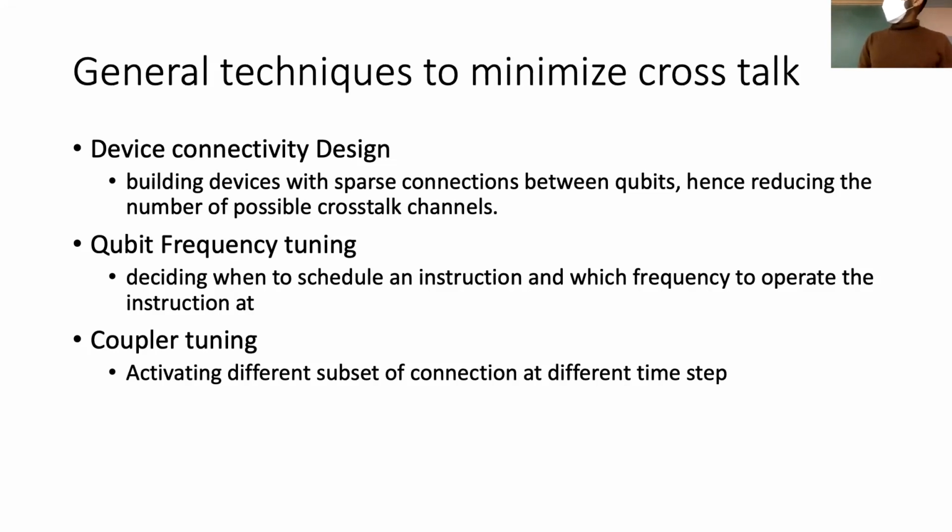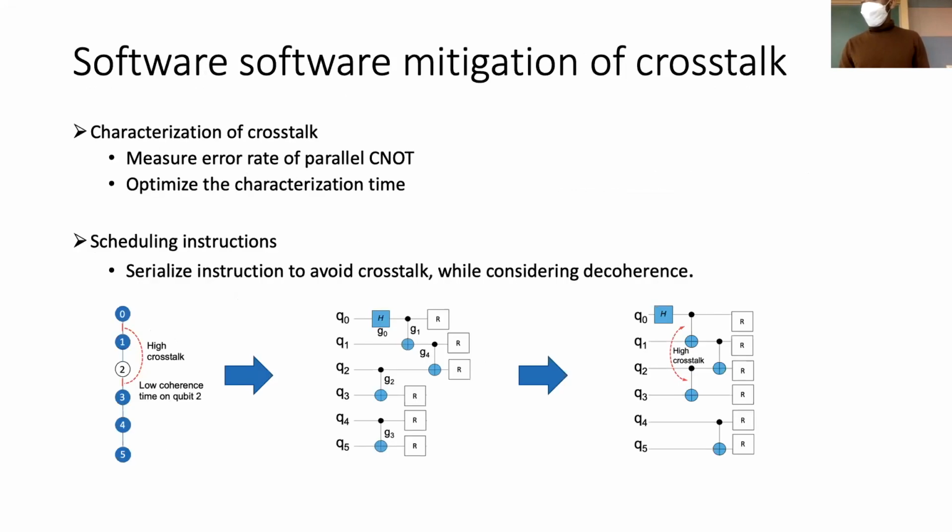But without going too much into the experimental side, we can at least try to mitigate this crosstalk at the compiler level, or the software level. That's what this paper is doing.